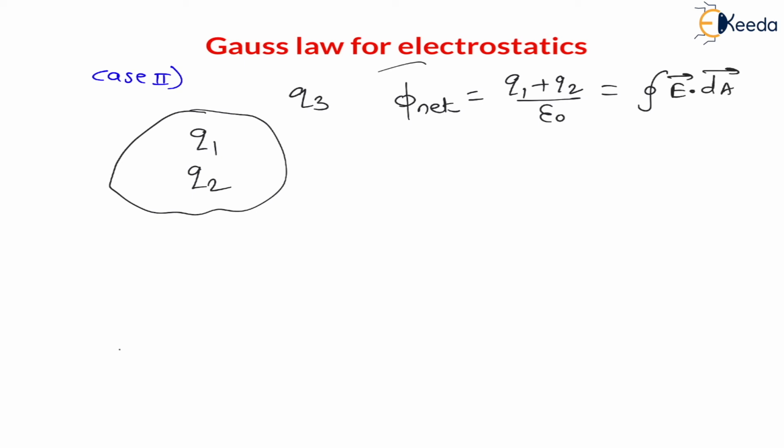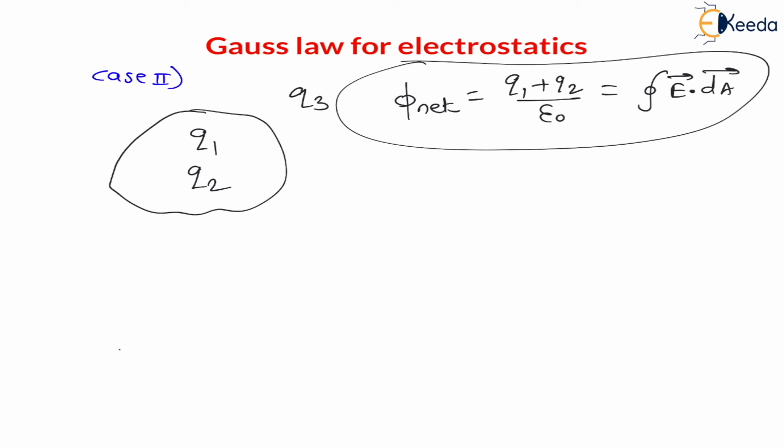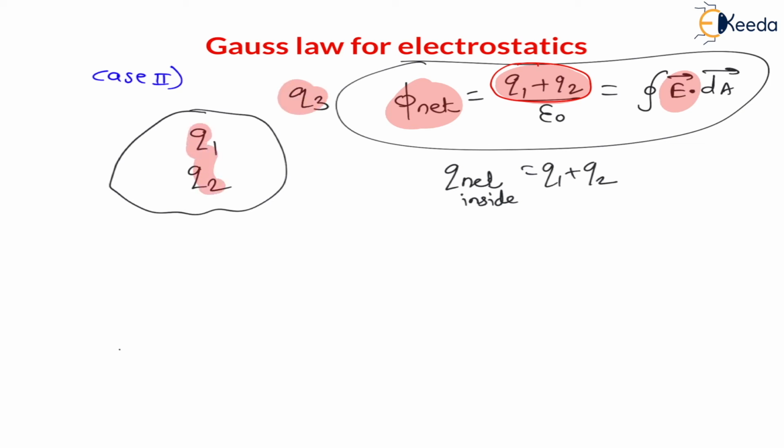Now, my dear students, I will tell you a very interesting point here. q1 plus q2 is the net inside charge. Therefore q net inside of the closed surface we have to consider is q1 plus q2. To find net flux, we have to consider the net inside charge, but this electric field is the net electric field because of q1, q2 and q3 also.